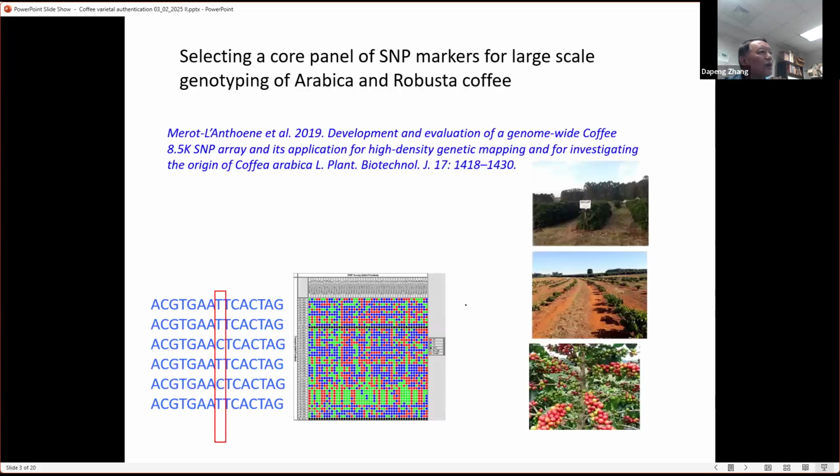So to tackle this problem, we need a simple tool, which should be cost effective and suitable for large scale downstream application. So we started by developing a low density panel, we call the SNP genotyping technology, using the publicly available sequences. In this case, we use the SNP markers developed by the French group. Then we screened about 1,000 different primers for Arabica and for Robusta.